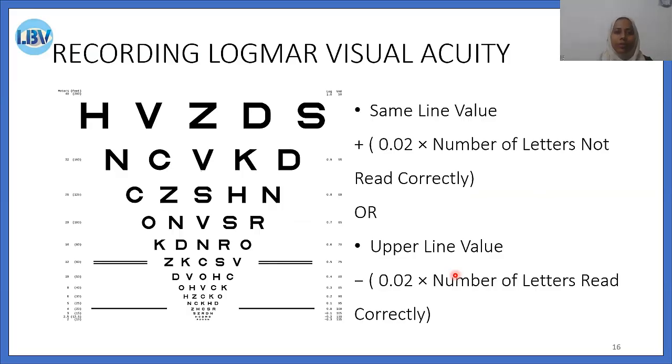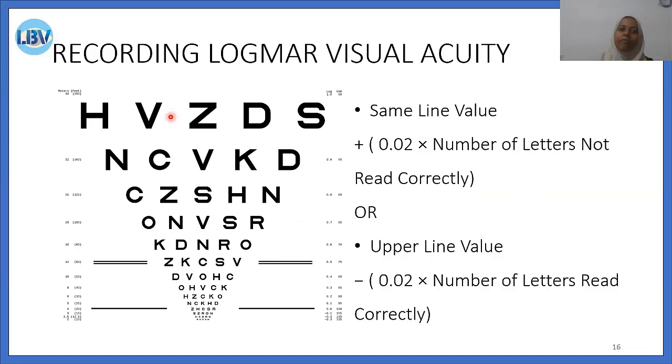Now coming to the logMAR visual acuity. So logMAR visual acuity is one of the standard visual acuity measurements. When we talk about research purposes, then this is the most preferred one. Now, why is it the most preferred one? Because there are certain features of it.